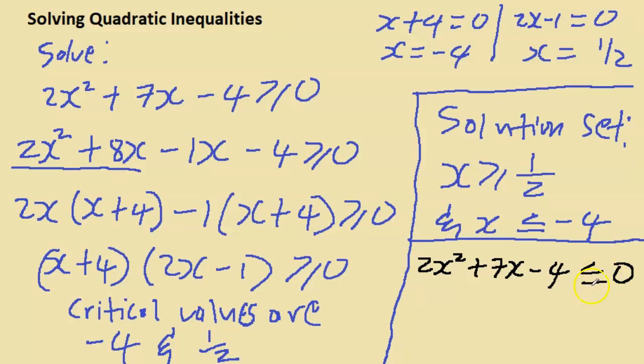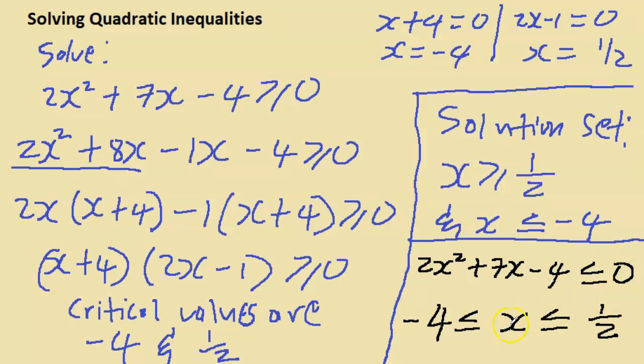And when it's less than, x would fall between the two critical values. So it'll be less than or equal to half or 0.5 and greater than or equal to minus 4. Alright, and you can always test your solution. If x is any value between negative 4 and 0.5, the value would be equal to or less than 0.